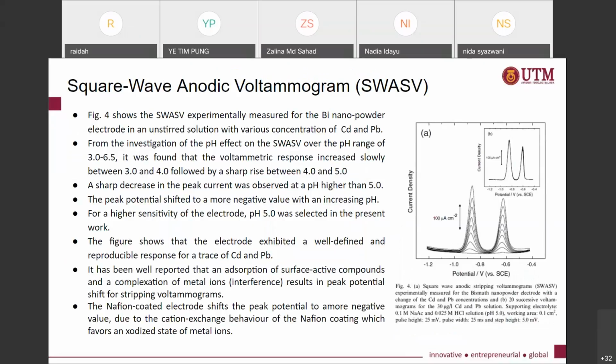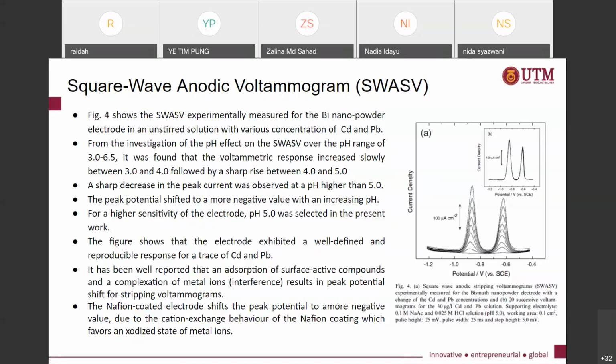For the square wave anodic voltammogram, figure 4 shows the SWASV experimentally measured for the bismuth nanopowder electrode in an unstirred solution with various concentrations of cadmium and lead. From the investigation of the pH effect on the SWASV over a pH range of 3.0 to 6.5, it was found that the voltammetric response increased slowly between 3.0 and 4.0, followed by a sharp rise between 4.0 and 5.0.